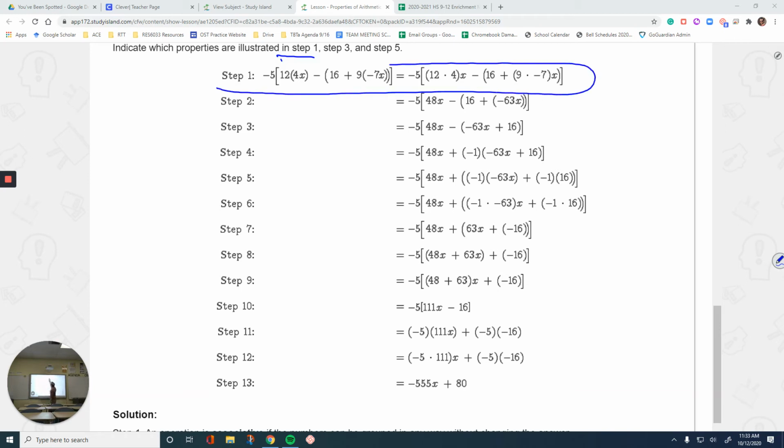It has 2 sides. If it has 2 sides, you need to find the difference from left to right. That's how it works. So again, for step 1, we have the left side and the right side. You need to find the difference or the change. Okay, -5 stays the same. 12 times 4x, 12. You see that there is a difference in here?